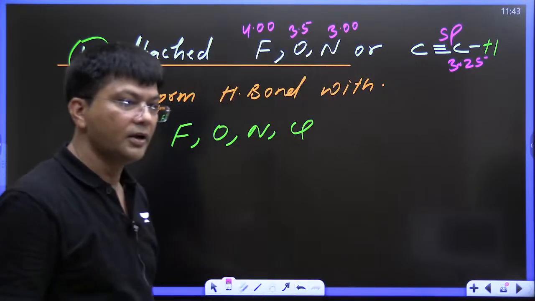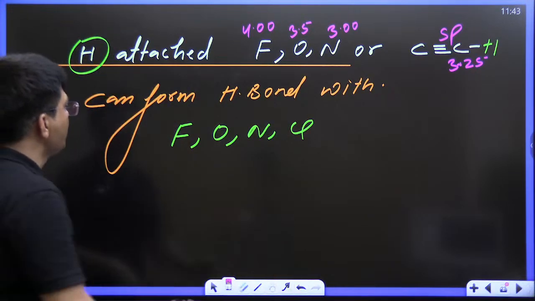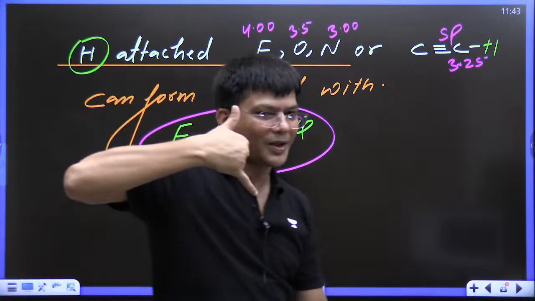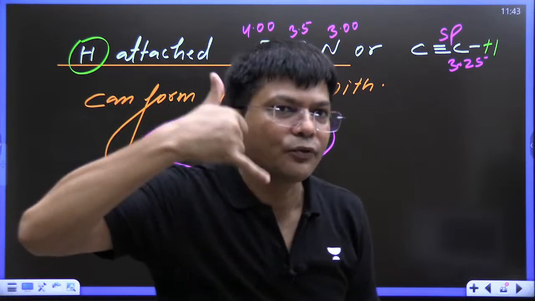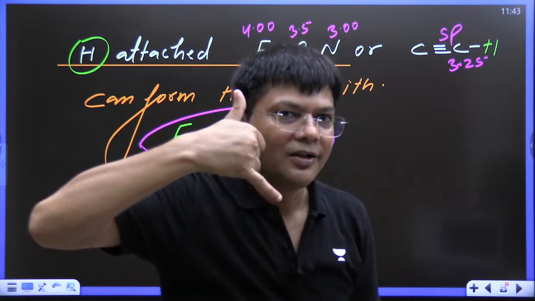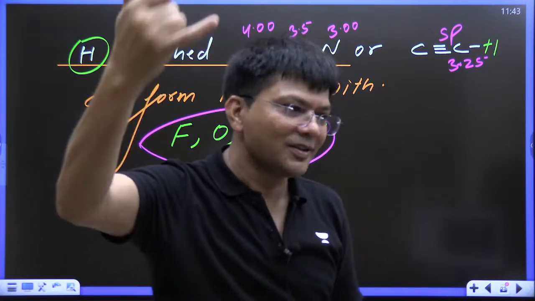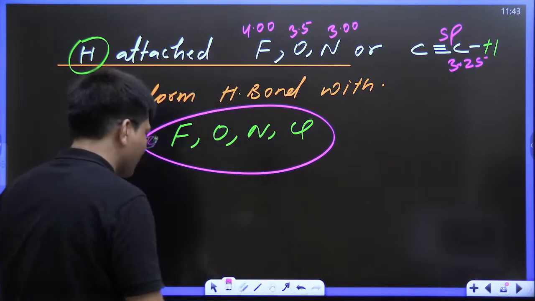Are you able to understand? So they can form hydrogen bonding with FONCl. Can you remember FON and FONCl? This is a trick. If you have FON, you can do FONCl. What is the trick, kids?